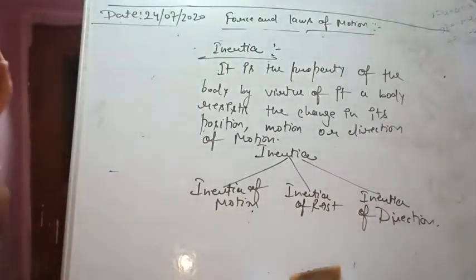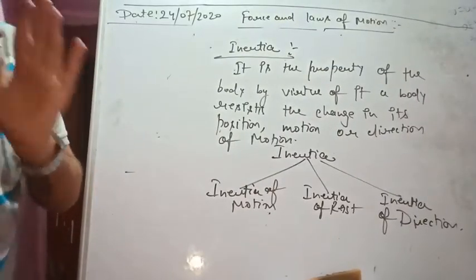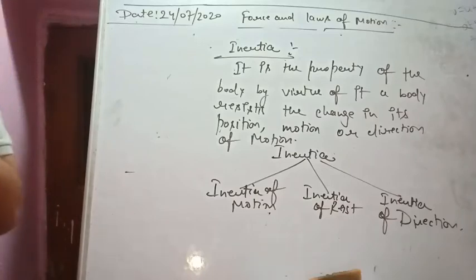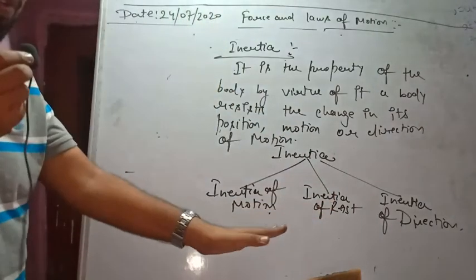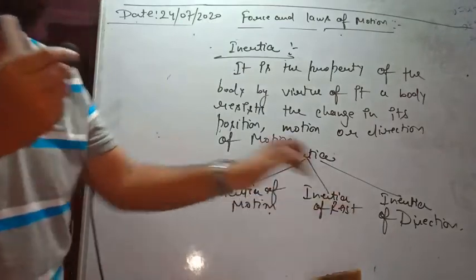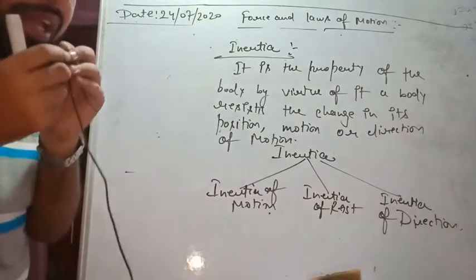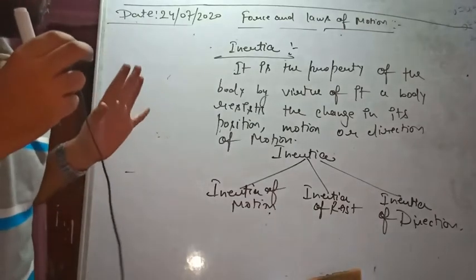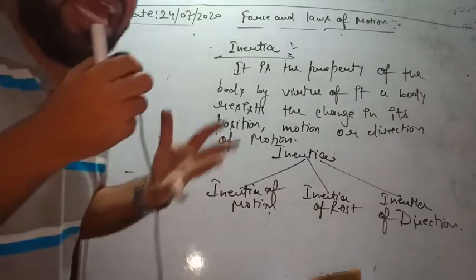The example which I right now gave you, which kind of inertia is this? Inertia of rest, motion or direction? You should think in this way. The example which I right now gave you is for inertia of rest. Yes or no? Because Manthan's body was at rest, it wants to remain at rest.